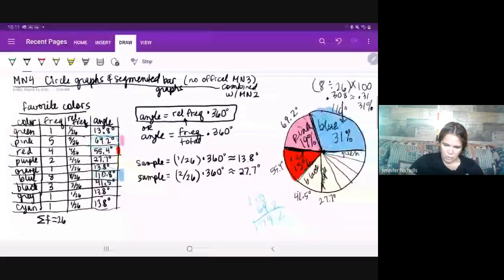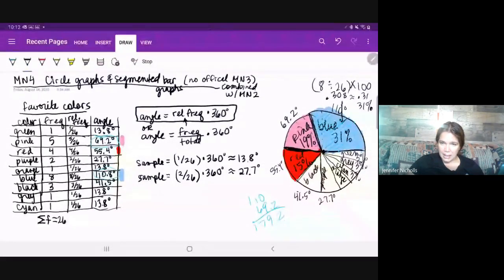Cool. So green is 3%, and the gray one is 3%, and the cyan one is 3%. And there was one other, right? Orange is 3%. Okay, and then he said that the purple is 7.7% and black is 11.5%.